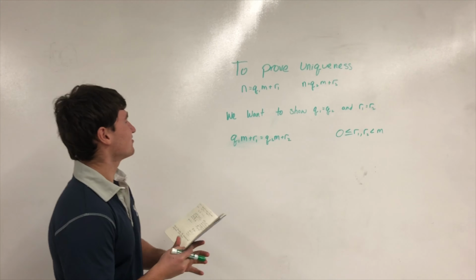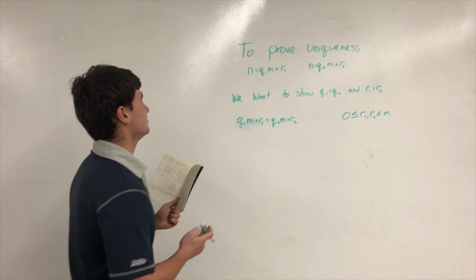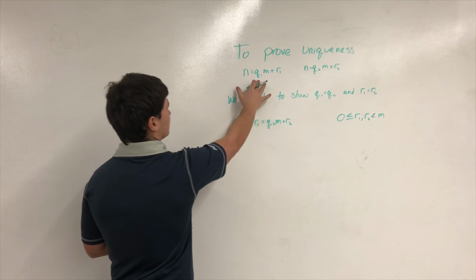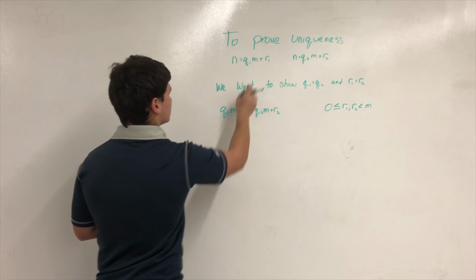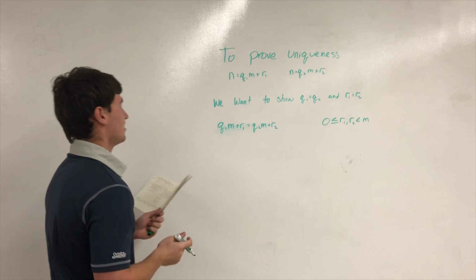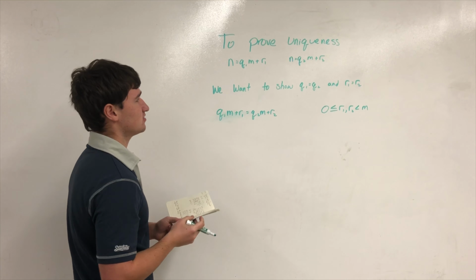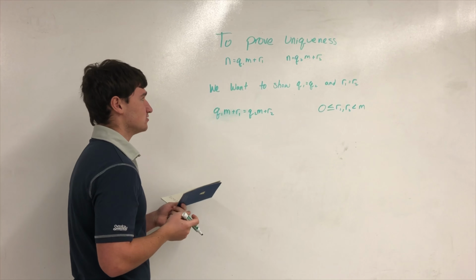Alright, so next we're going to prove the uniqueness. And to do this, we're going to use the equations n equals q1m plus r1 and n equals q2m plus r2. The idea of this proof is to show that q1 equals q2 and r1 equals r2.